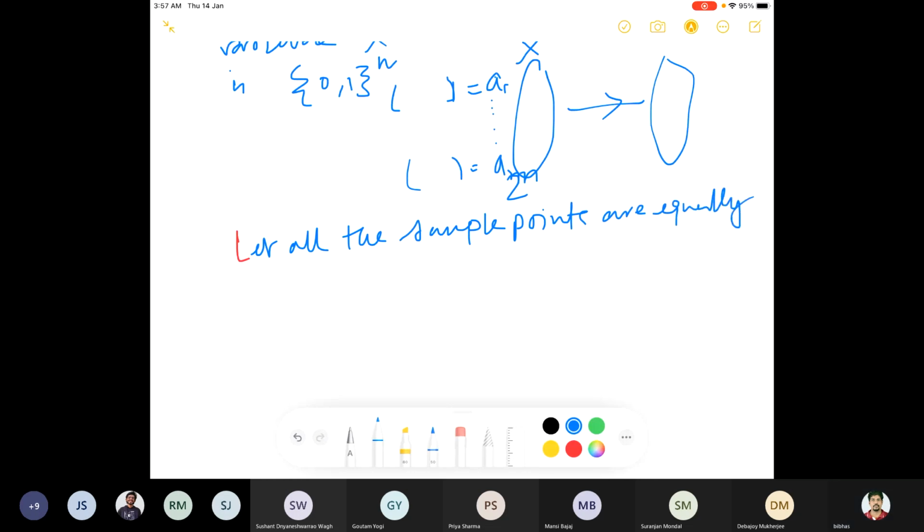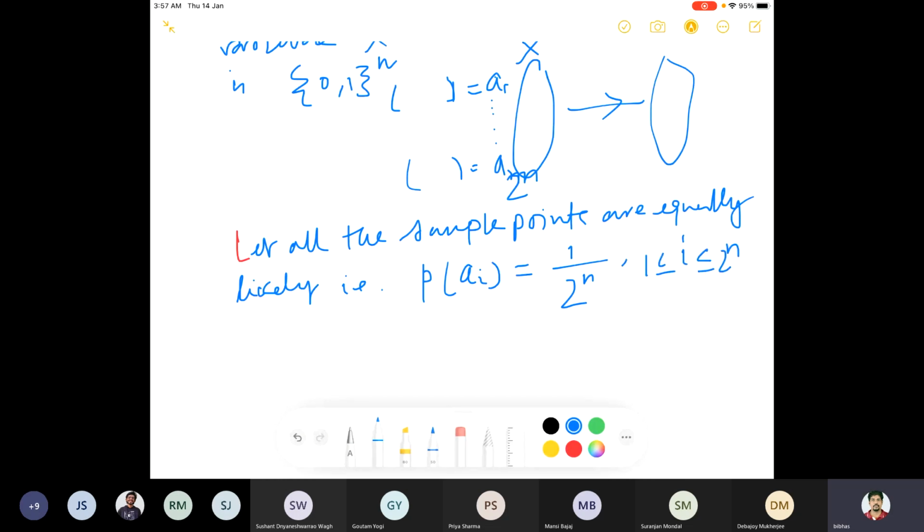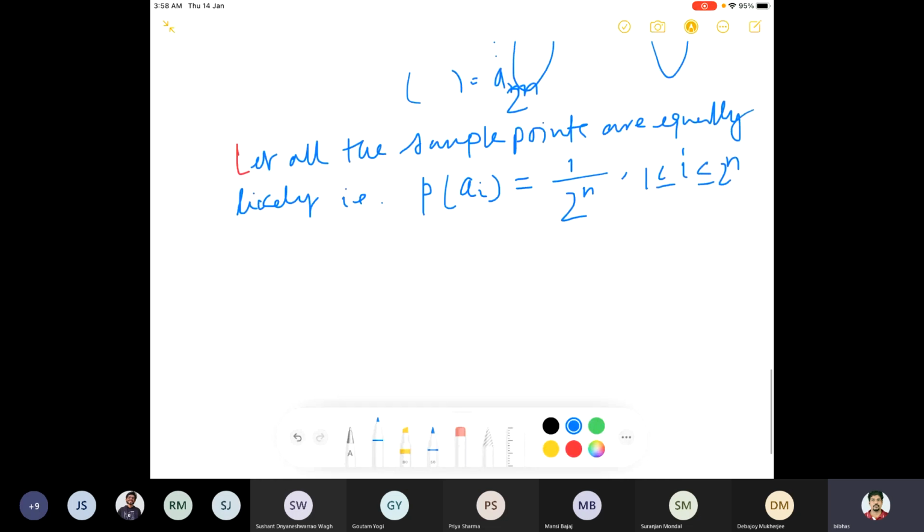When I say equally likely, it means the probability of a_i is equal to 1 by 2 to the power n, because there are 2 to the power n sample points. So this is the probability, which means the occurrence of any a_i is the same.